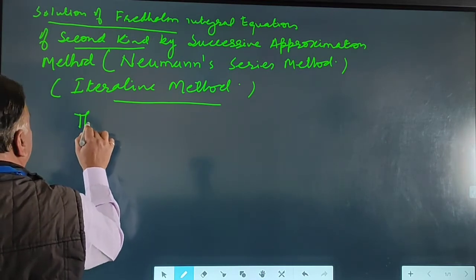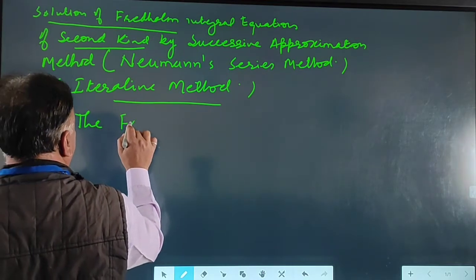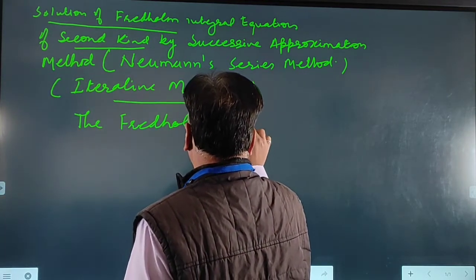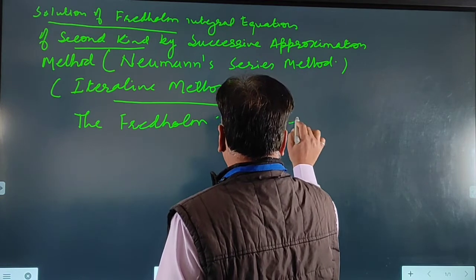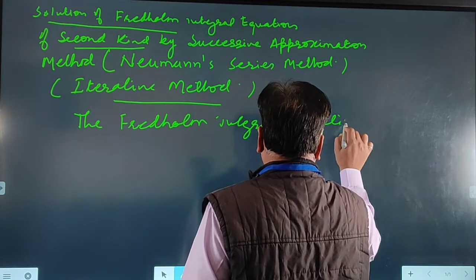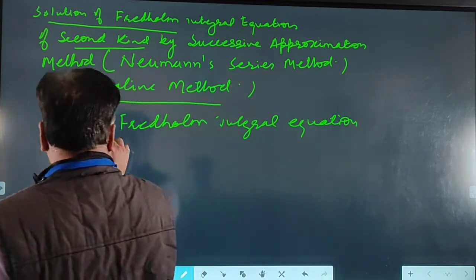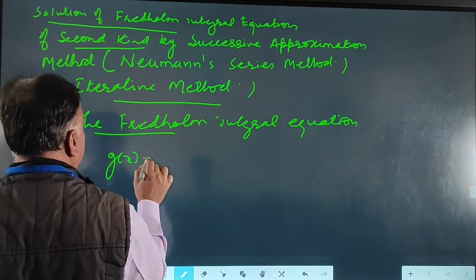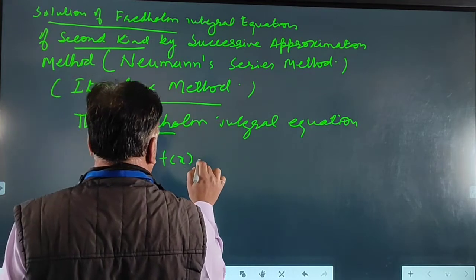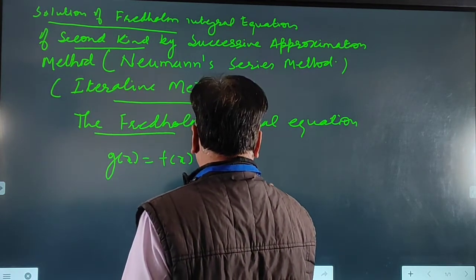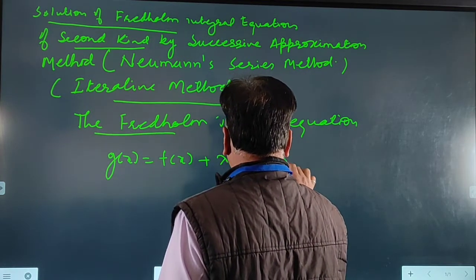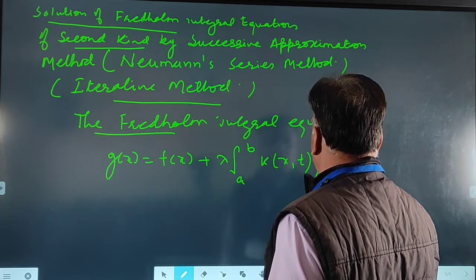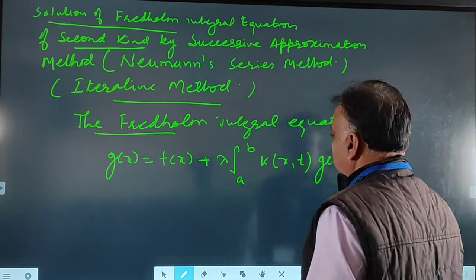So the given Fredholm integral equation is g(x) = f(x) + lambda integral a to b K(x,t) g(t) dt, equation number 1.